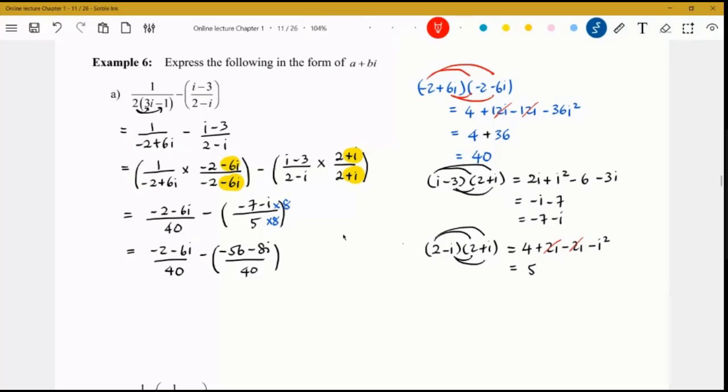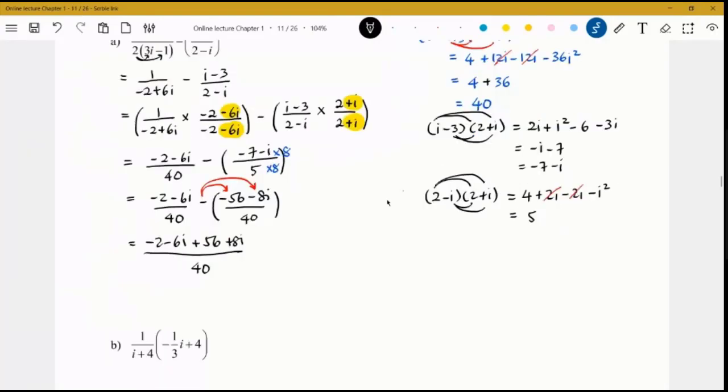Negative jumpa negatif akan dapat positif. That's why I put the bracket here. Kalau kamu tak letak bracket, kamu akan terlupa yang negatif jumpa negatif akan jadi positif. Okay, make sure dia mesti ada bracket. So we end up with negative 2 minus 6i plus 56 plus 8i over 40.